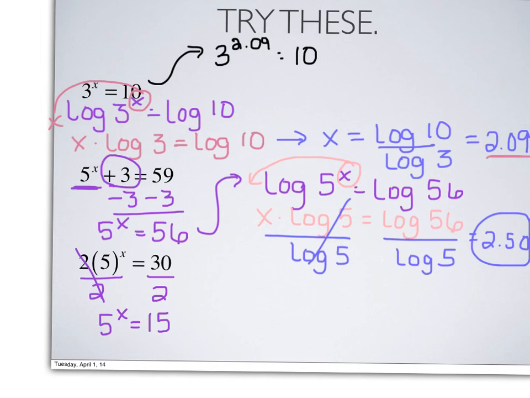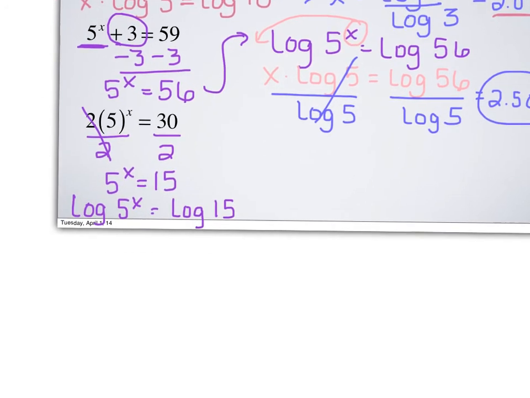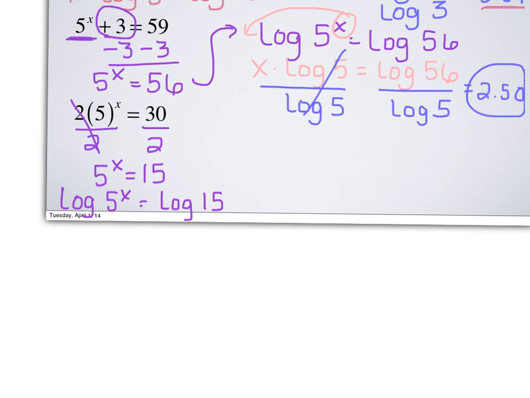30 divided by 2. I'm going to take the log of each side, so I'm going to have log of 5 to the x equals log of 15. Okay, let's move that x down in front.